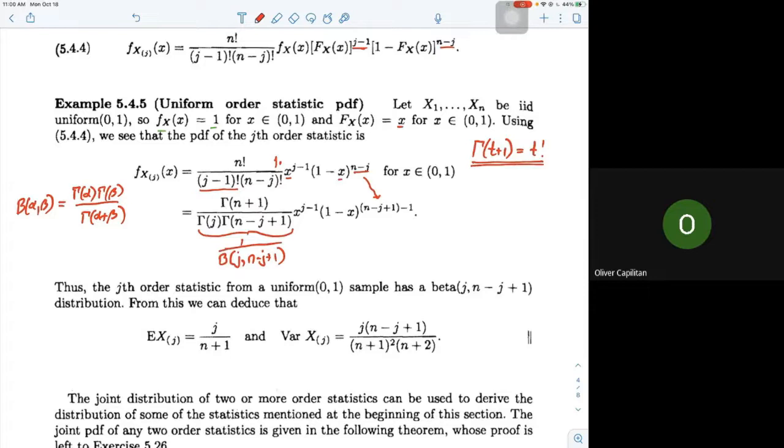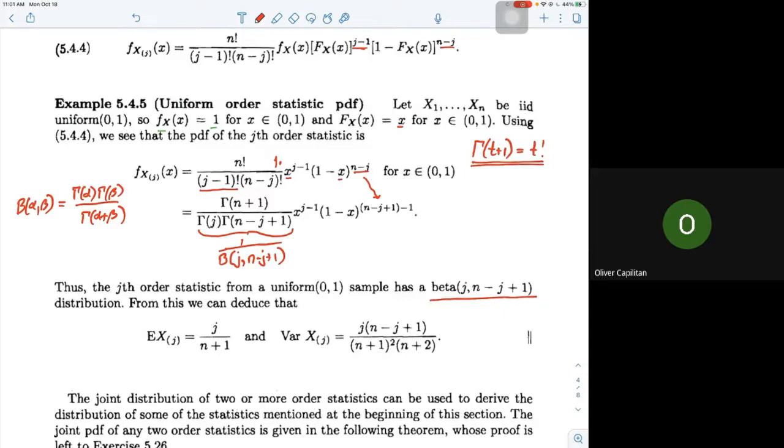Okay, so notice that the jth order statistic coming from a uniform 0-1 distribution or random sample will have a beta j, n minus j plus 1 distribution. You have learned this in chapter 3.